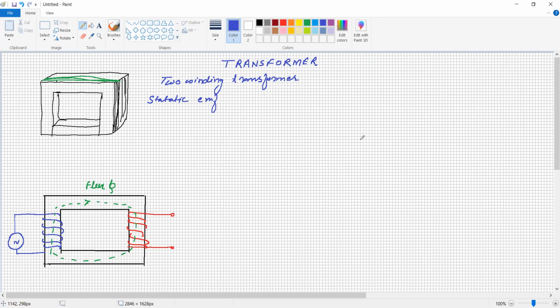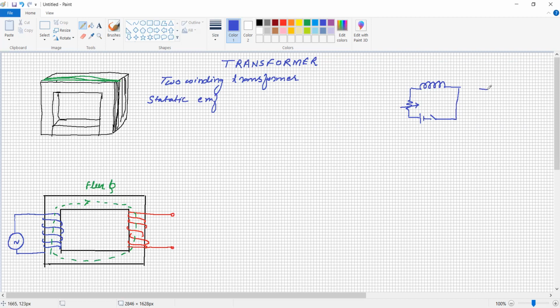In the last lecture, we found that if two windings are placed side by side, and one winding is connected with a variable resistance and connected to a DC source, it produces magnetic flux.